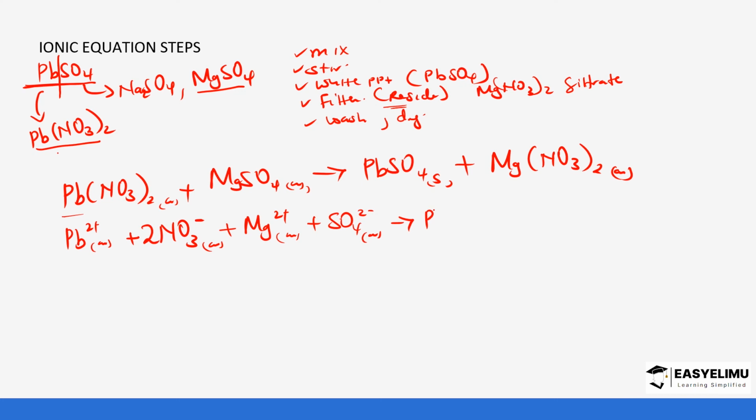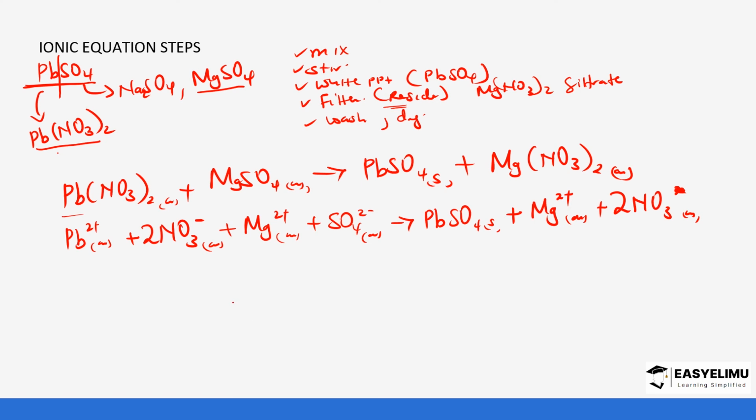So the lead sulfate is going to remain as it is because it's in solid state. The magnesium nitrate is aqueous so we can separate the ions. It becomes Mg2 plus aqueous plus 2 nitrates aqueous. So that's how we did that.